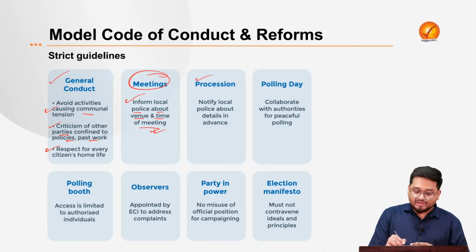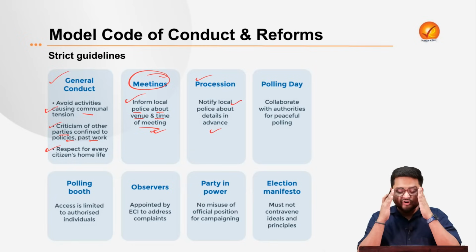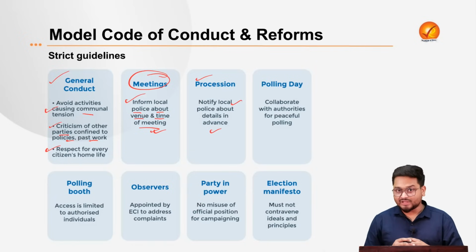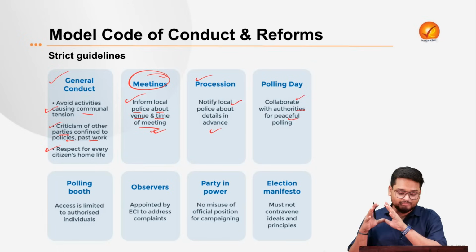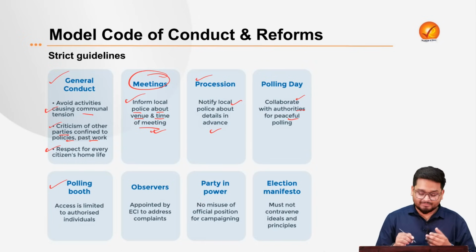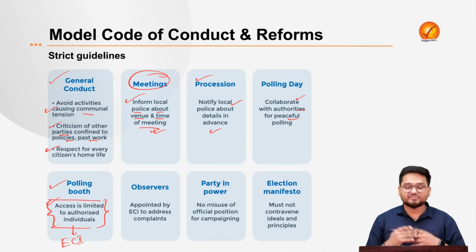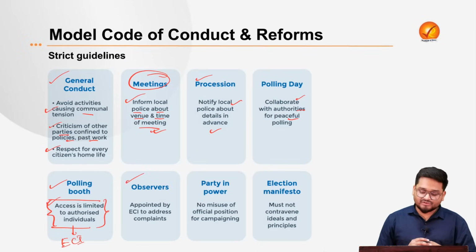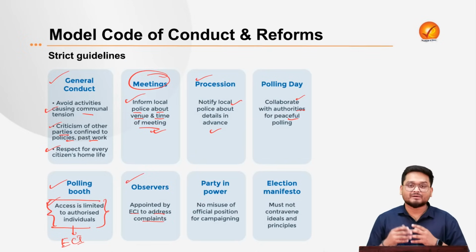Under processions, the political parties have to notify local police about details of various processions and meetings in advance, right? The political parties should also collaborate with the authorities for ensuring peaceful polling. Then at the polling booth, the political parties' access is limited to authorized individuals only, that is, the authorized individuals from the Election Commission of India side. Then observers will be appointed by the ECI to address complaints.